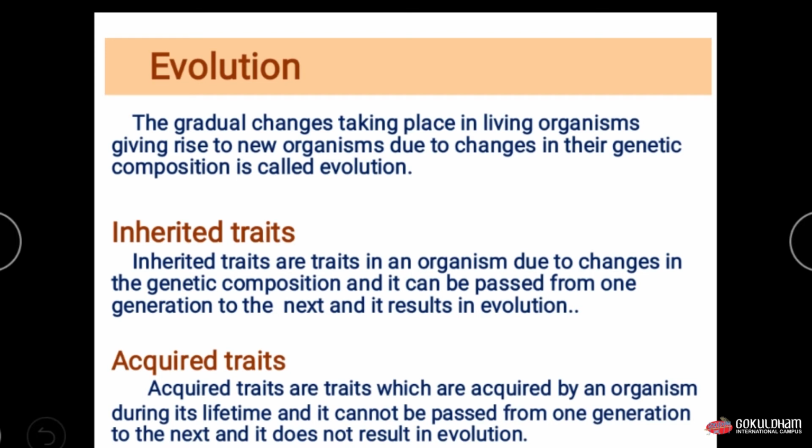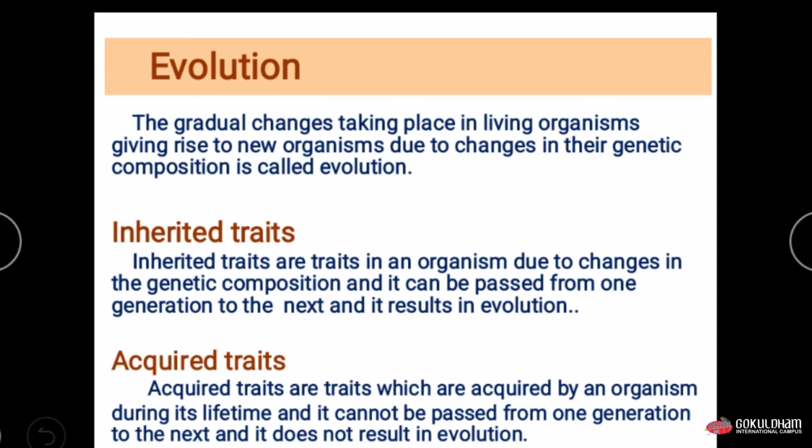Due to evolution there are two types of characters. First one is the inherited characters and second one is the acquired characters. The name of each type says everything about them.